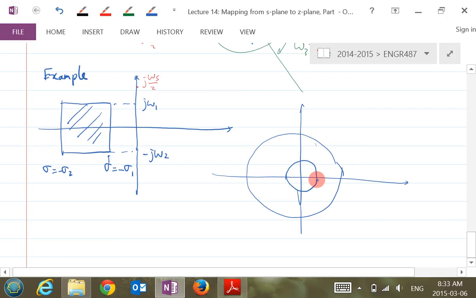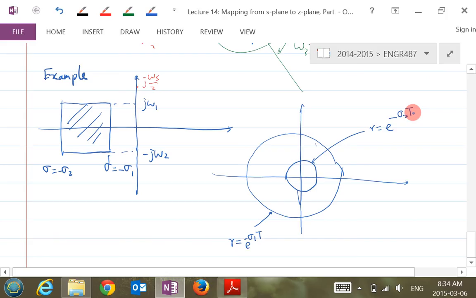You can label this one as r equal to e to the negative sigma 1 t, and that one there as r equal to e to the negative sigma 2 t. You can label it.